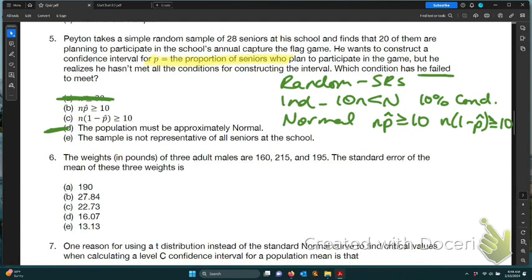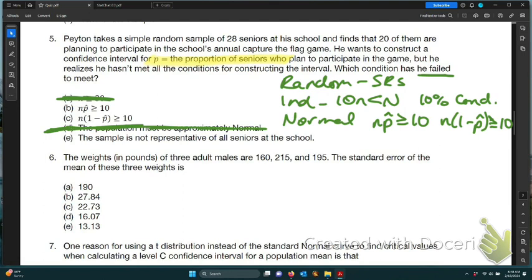I shouldn't be. Nothing about a proportion problem matters if your population is normal. If your population is perfectly symmetrically normal, but it's a proportion problem, you still have to check this. This is the only way to qualify for proportions, okay? So, I don't care anything about D because it's a proportion problem. Whether the population is normal or not means nothing to me, okay?